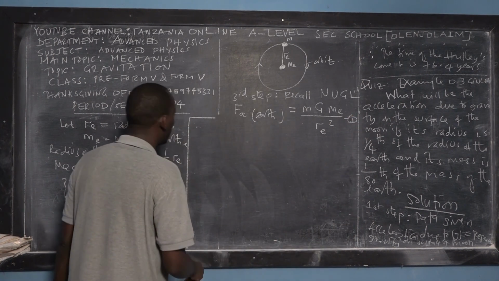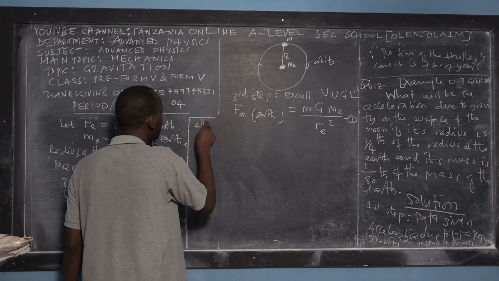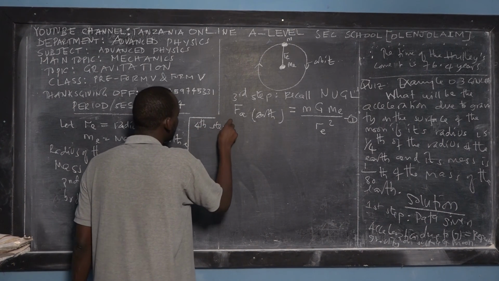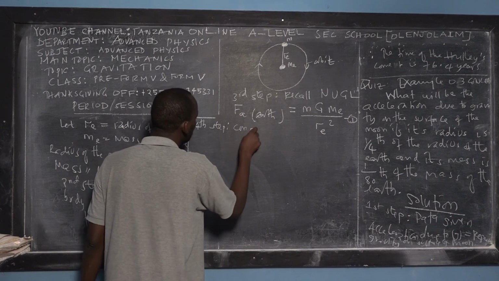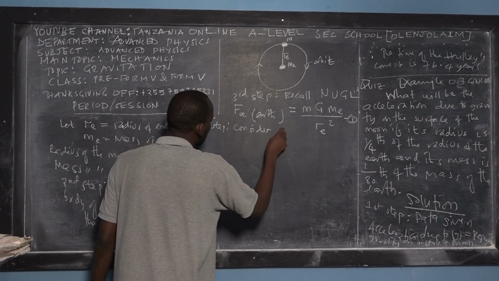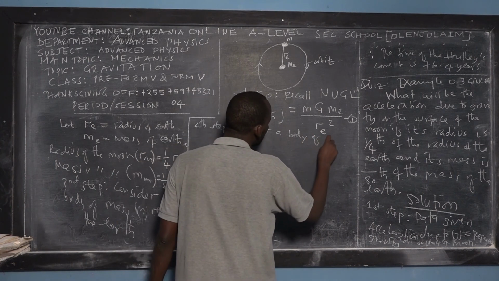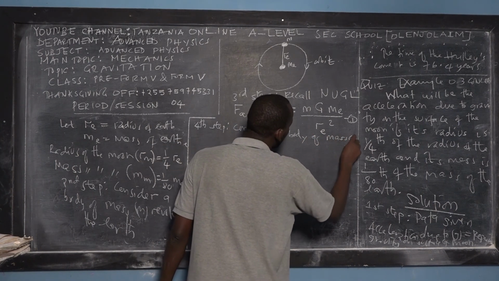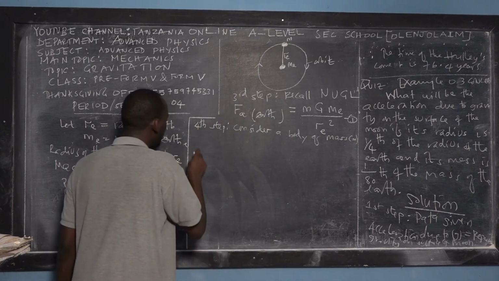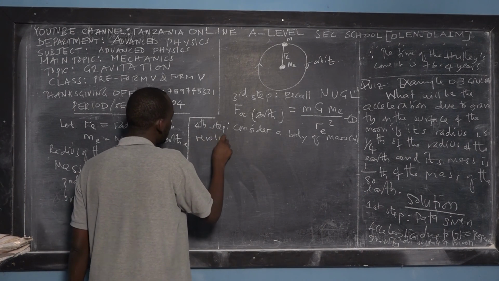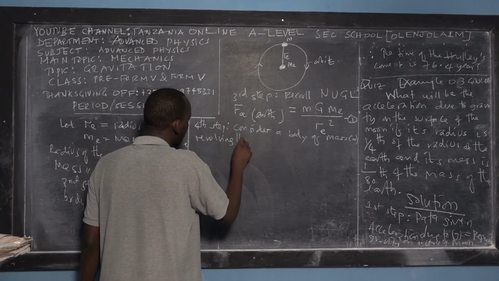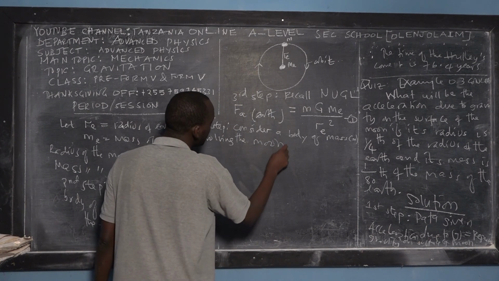So again we go for the first step. The first step, we say that consider the body of mass m revolving around the moon, right?